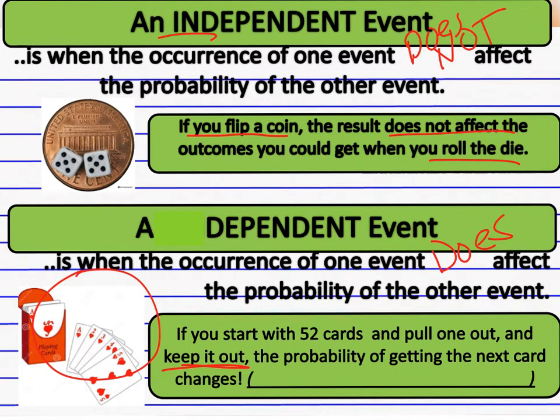So the first card I pulled is actually going to affect the second card I pull. So for the second event, I now have only 51 outcomes left in the deck because one is pulled and remaining out.